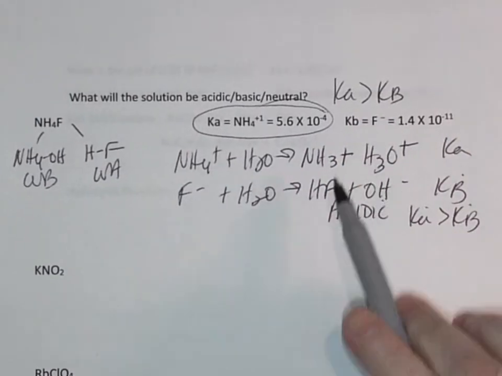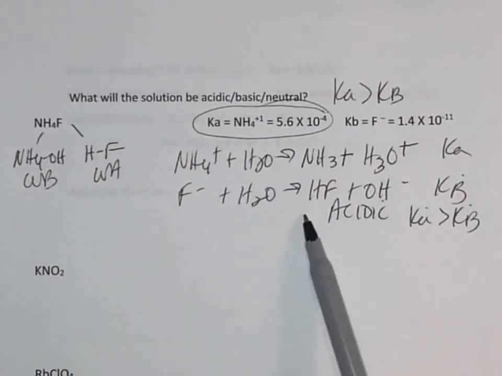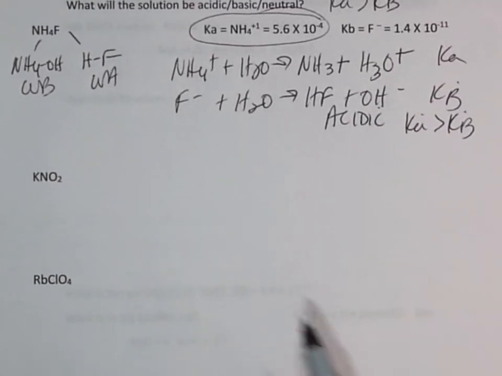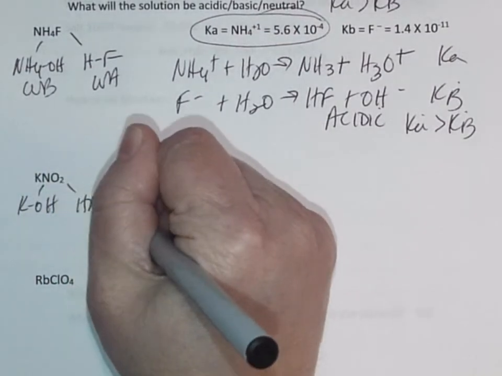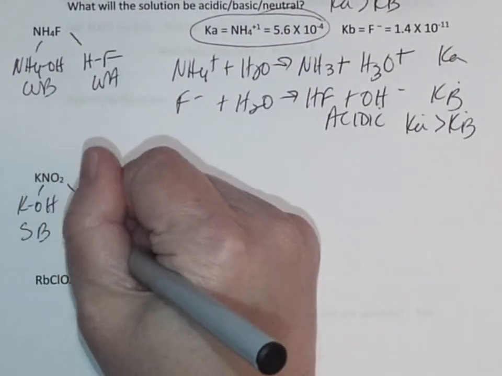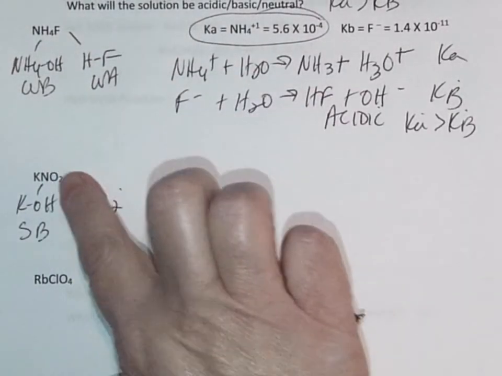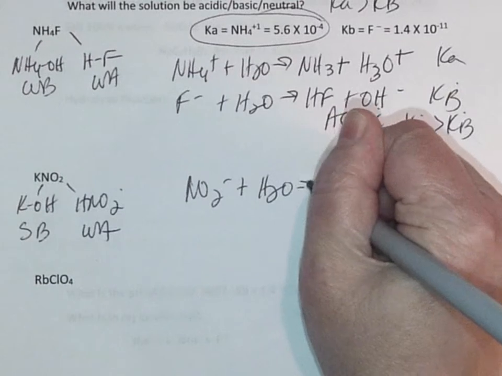I want to make sure you can write these hydrolysis reactions, so that's why I'm writing them. Because you could have just looked at the Ka and Kb and called it good. I want to make sure you understand how they're getting that. All right, let's go to KNO2. Who are the parents? KOH, HNO2, strong base, weak acid. So it's the negative ion of the salt that's undergoing hydrolysis.